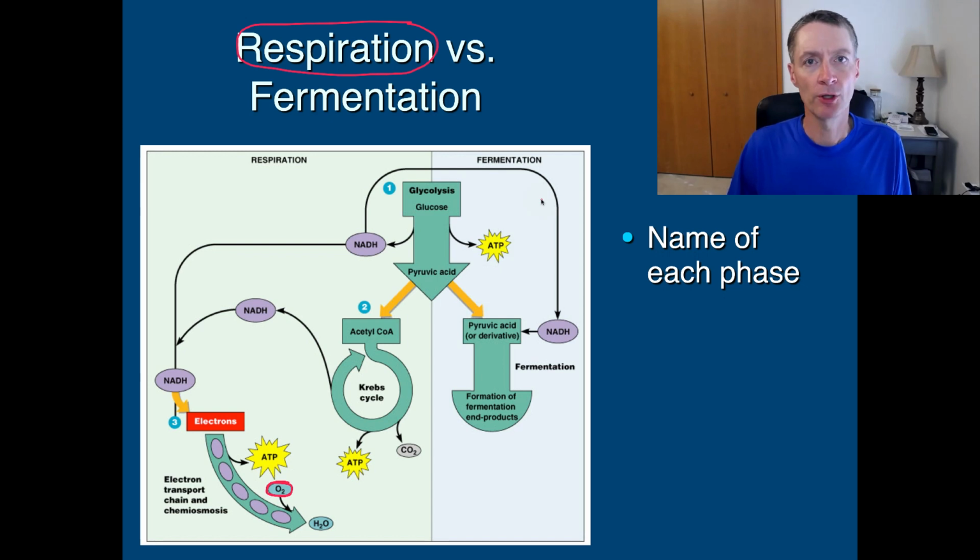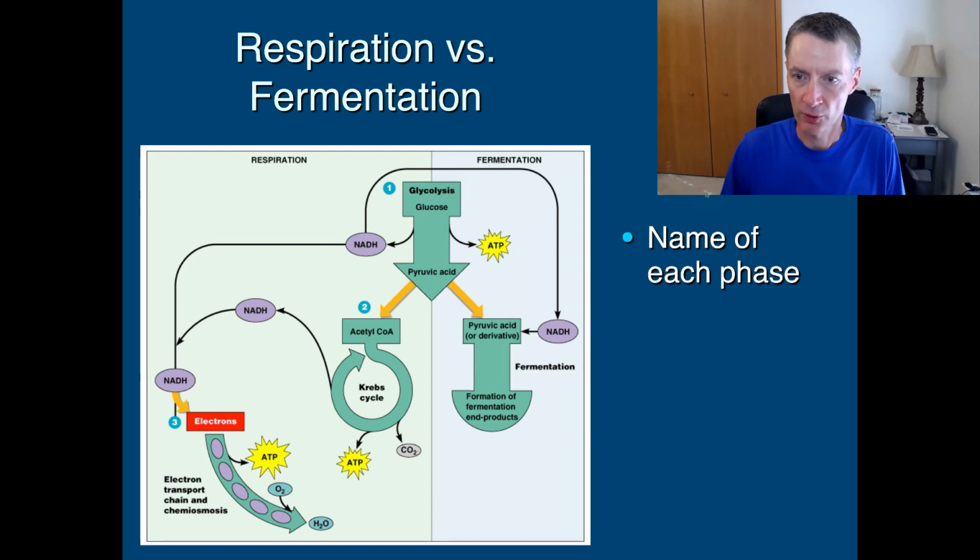I would want you to know the overall name, of course, which is aerobic respiration. But beyond that, I'd want you to know the name of each phase of the respiration process. So let's circle the names. We'll keep it in red here. So the name of each phase.